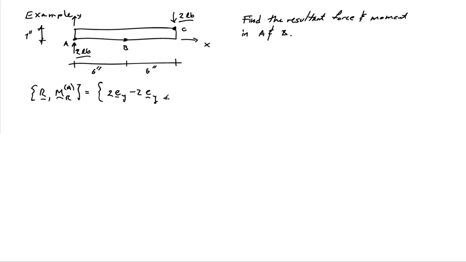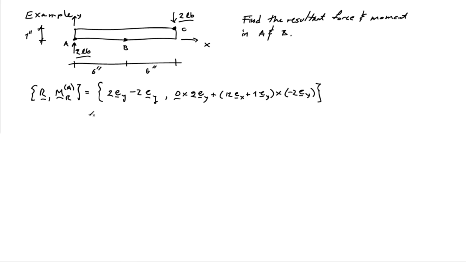And the resultant moment in A is the lever arm, which is 0 to the first force, so that's 0 cross 2EY, plus the lever arm to the second force, which is located in C. So that one is 12EX plus 1EY cross product, and the force is minus 2EY. So that's the moment from the second force, the one in C, and the one in A.